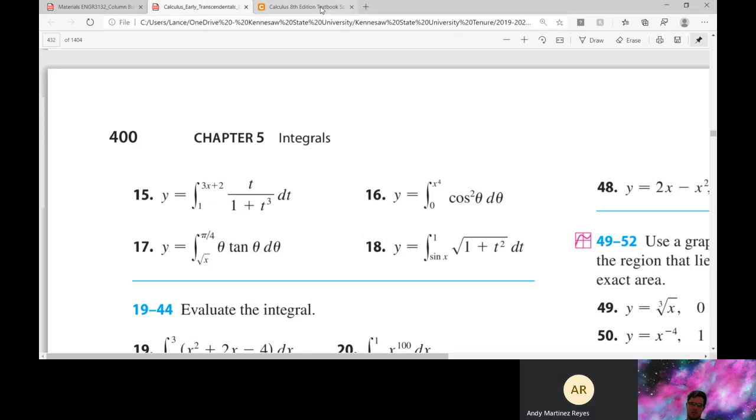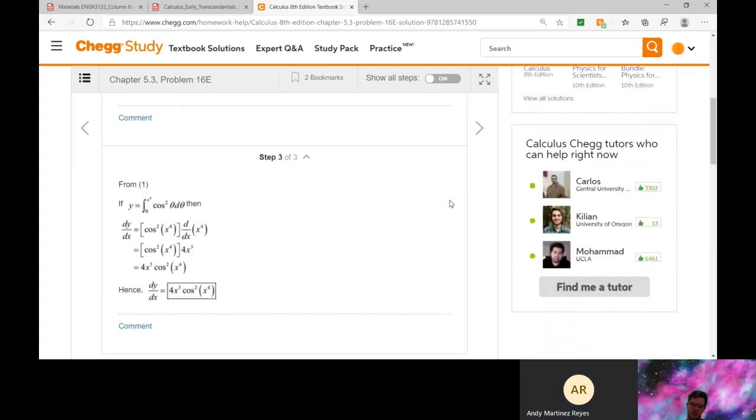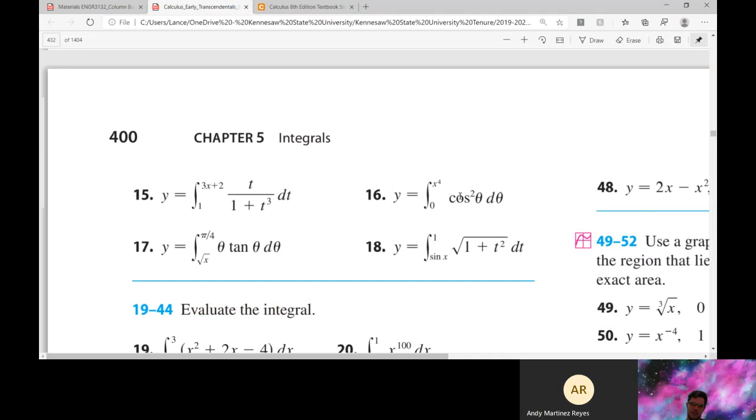That's impossible. But what do you think it is? I'm just gonna go with what I said, cosine squared x to the 4th times 4x to the 3rd. Let's see. Well, I guess because you're only taking the derivative, you don't know the integral of that.